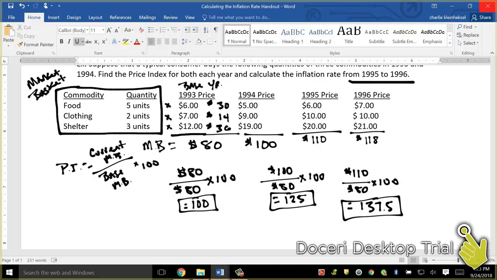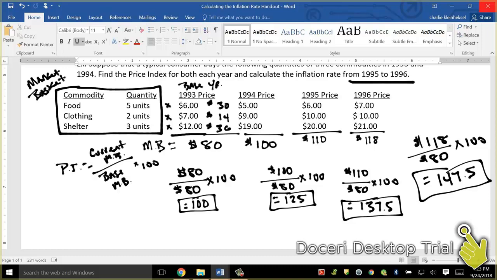Oh, am I going to be able to fit that in there? Last one, 118 divided by 80 times 100. That gives me a market basket value of 147.5. I'm sorry, a price index value.